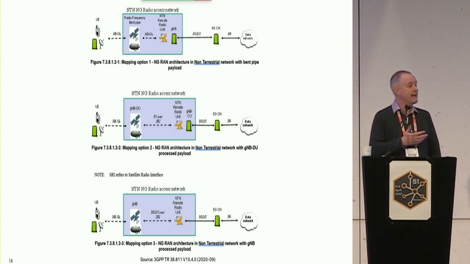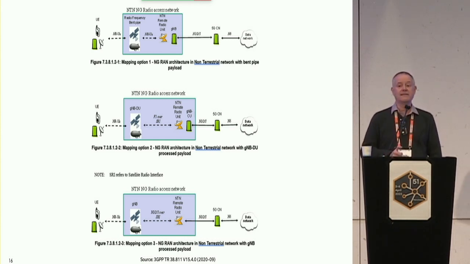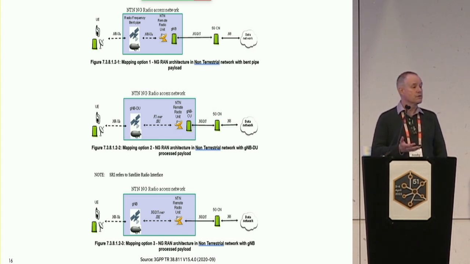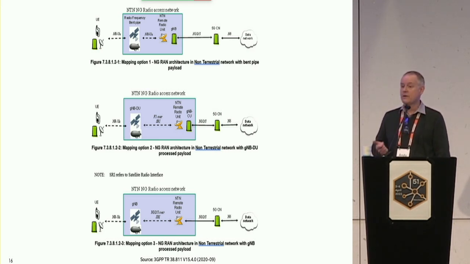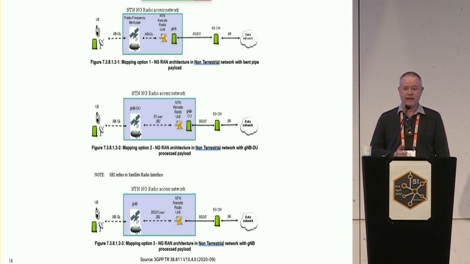Or do we put a subset of the base station? Through initiatives in 3GPP, and indeed through the Open RAN Alliance, we now see the radio base stations can be decomposed into a number of functional components with standardized interfaces between them. So we have options to look now at how we place more active electronics and more optimization into the satellites.